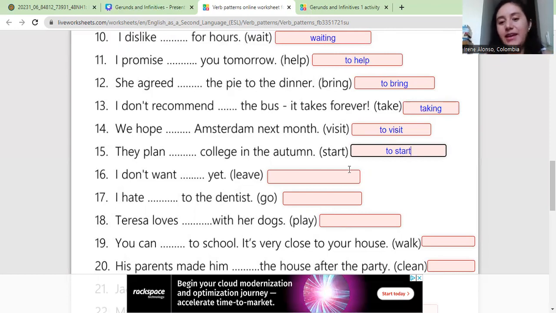But sometimes I have a little bit of trouble because I sometimes don't remember the verb, but then with the context it's a little bit easier. I don't want to leave. I don't want to leave yet. I hate. That's true.